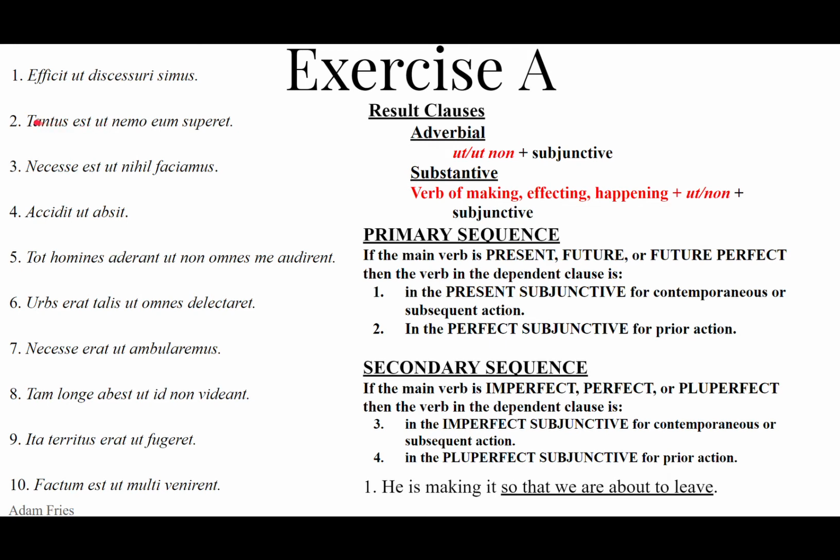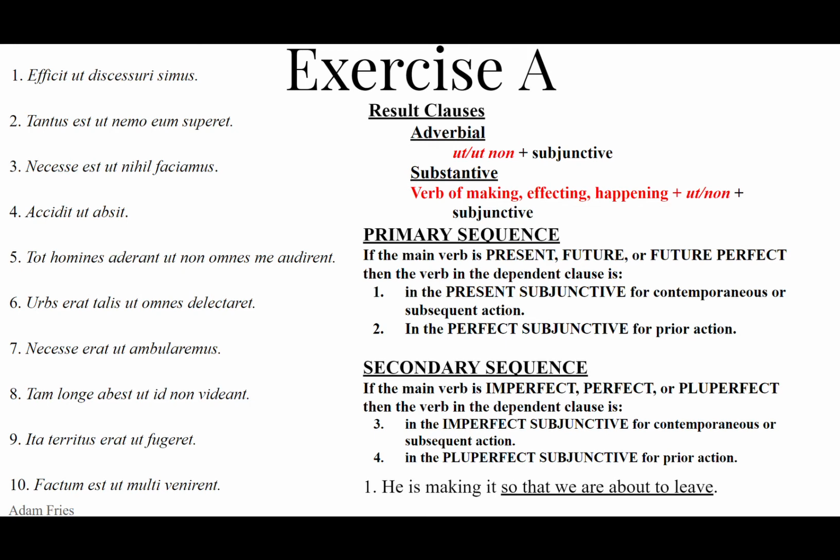Tantus est. He, masculine, tantus. If it were tanta with an A, we'd say feminine, or tantum, neuter. Tantus, masculine. He is tantus. He is tam magnus. He is so great, so big. Then that begs the question, how great or how big is he? Quantus, how big or how great?